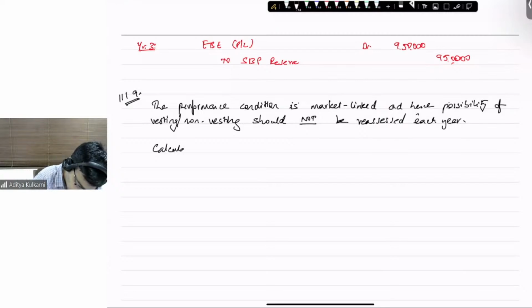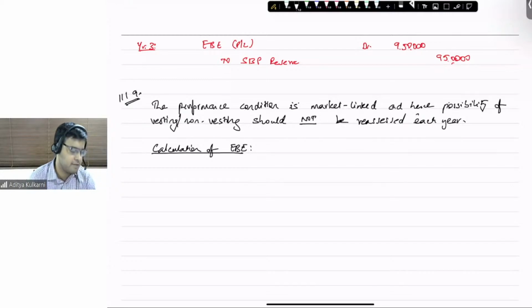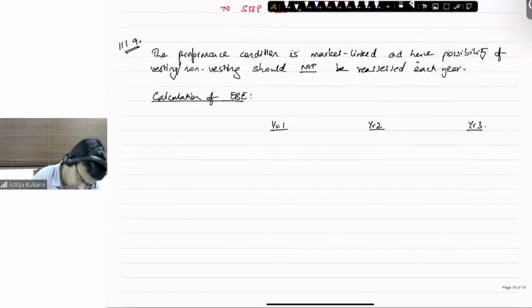So, calculation of employee benefit expense. Calculation of employee benefit expense goes something like this. Year 1, 2, 3. Number of employees.